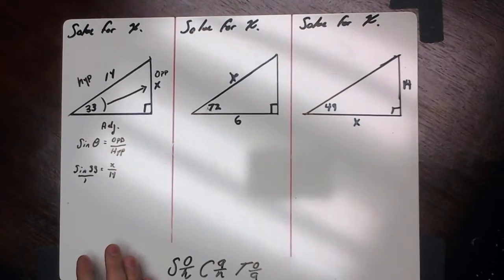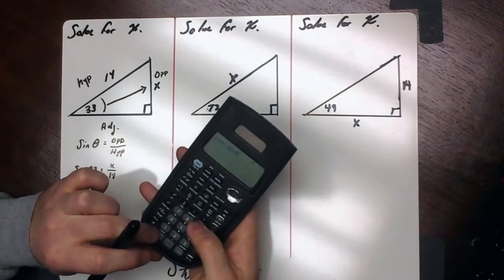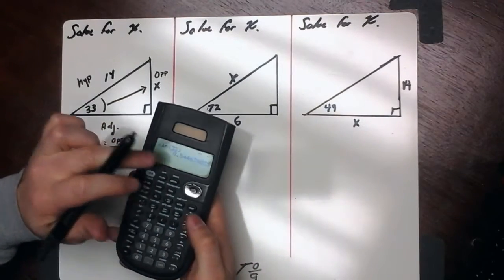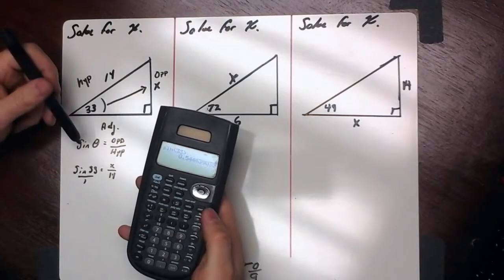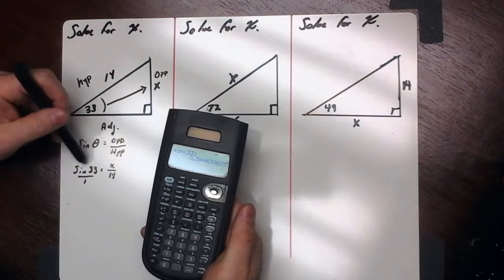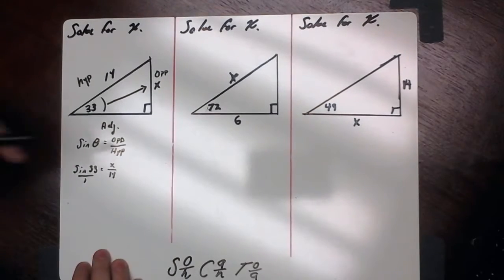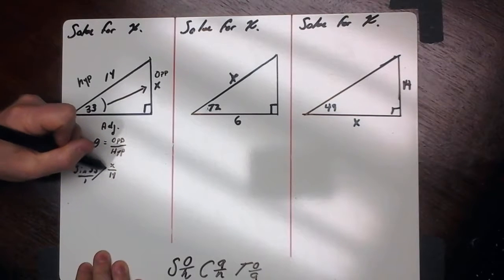What some students like to do is put it into a calculator and use the decimal 0.5446. Usually they go 4 decimals, and they use that decimal in place here, and then cross multiply. That's a good way to do it. So now I'm going to cross multiply here.